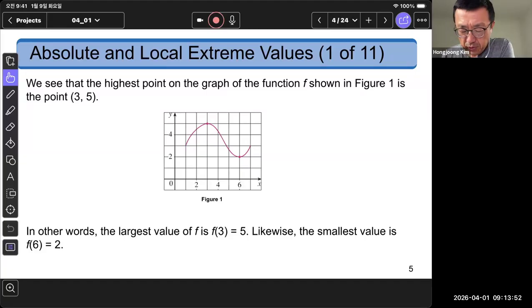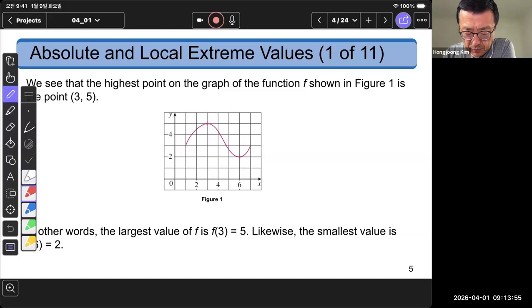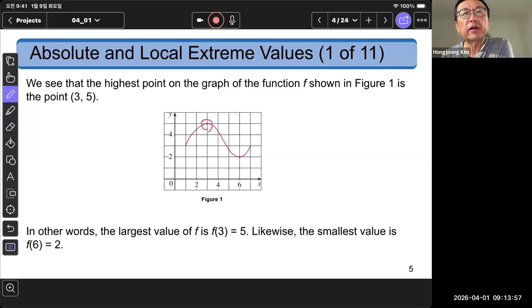Then as you can see, this value at 3 seems to be the largest value of the function, and the value at 6 seems to be the smallest value. So if I have a graph like this, then sometimes we can find the largest value or the smallest value from the figure.